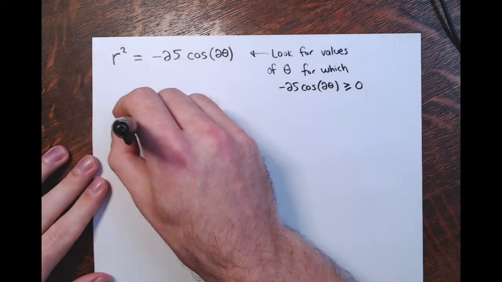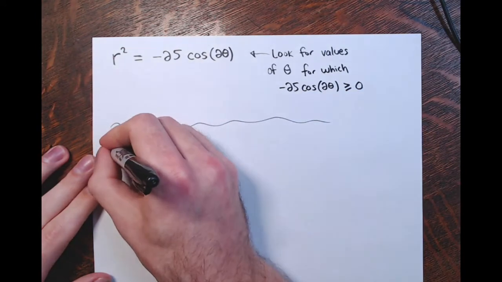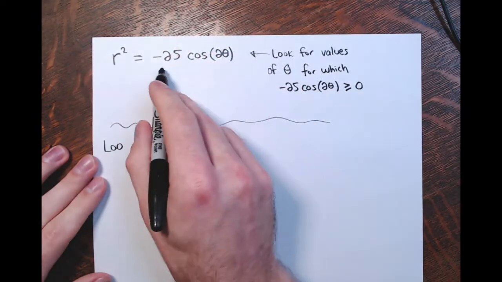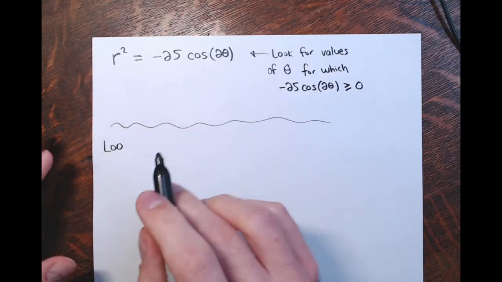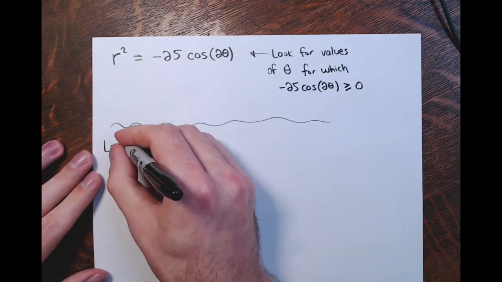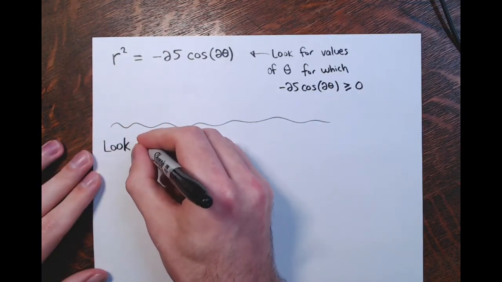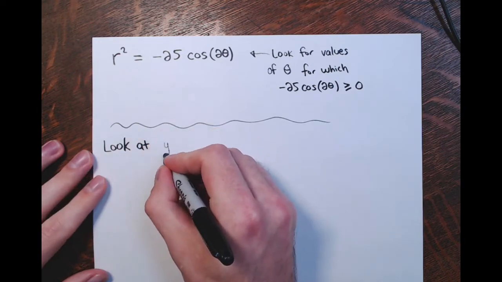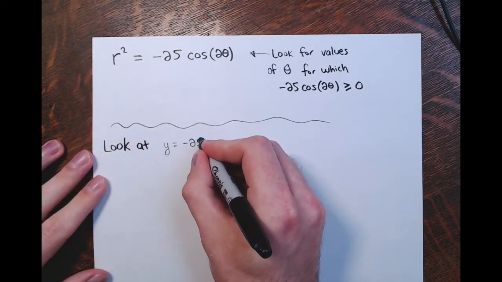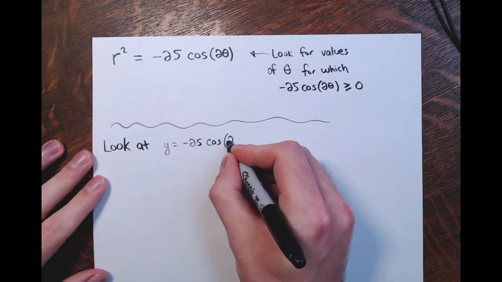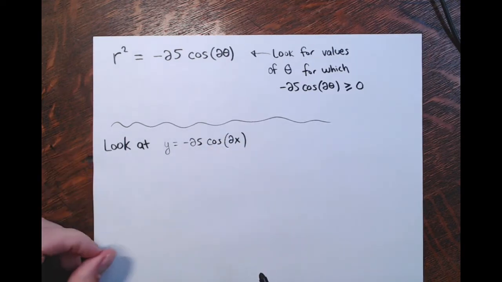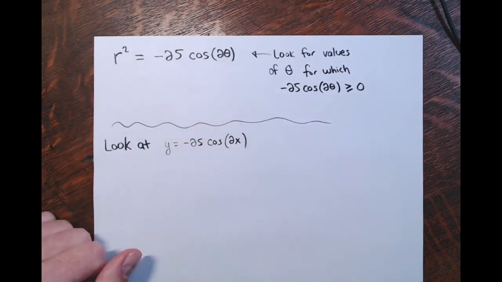So let's take a look at the graph of just this expression, and then we'll look at the square root of it. So look at y equals negative 25 times the cosine of 2x, if I replaced theta with x.